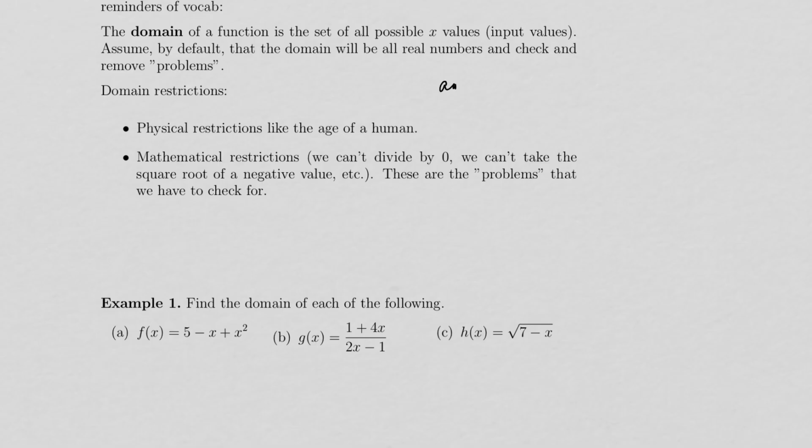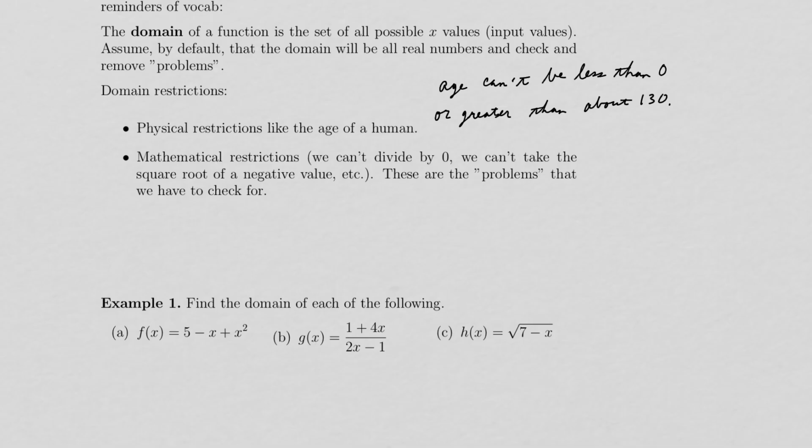So age can't be less than 0 or greater than probably about, I don't know, the oldest person, maybe 130, somewhere around there. So that's going to limit the domain to be between 0 and 130 if we're representing the age of a human. Okay, so that would be a physical restriction.